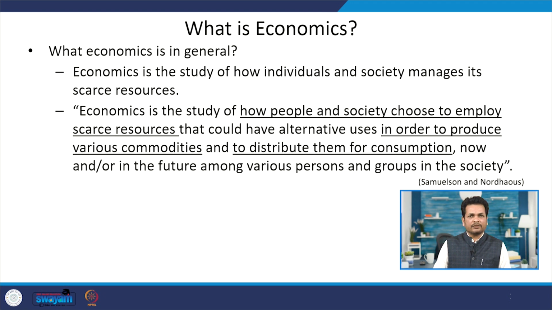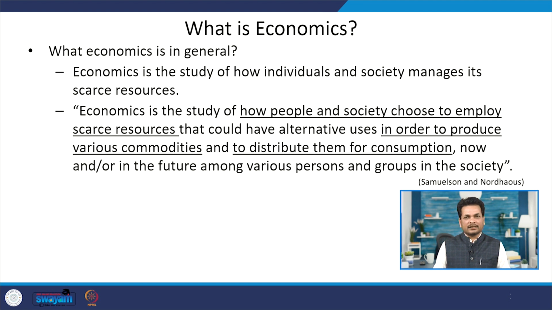So, if you look at this definition carefully, it talks about how people and society choose to employ scarce resources that could have alternative uses in order to produce various commodities and to distribute them for consumption.